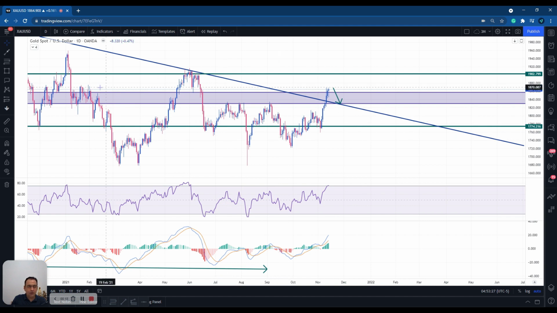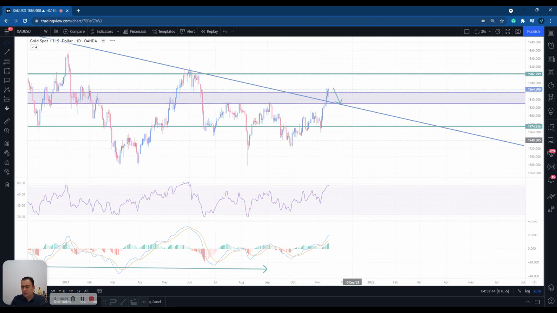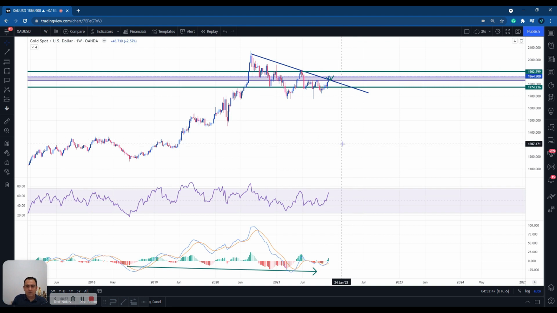Okay. Plus, if we mark the rising trend line, not this one, back to weekly.